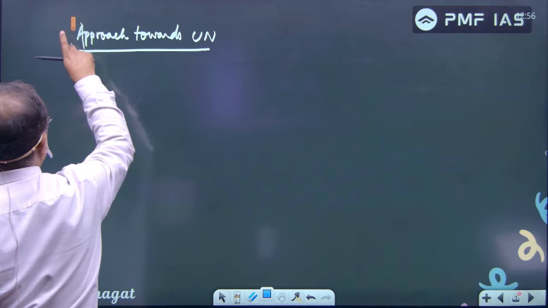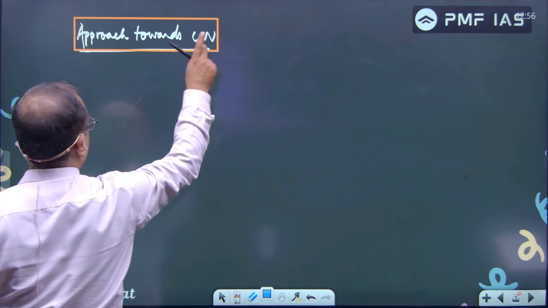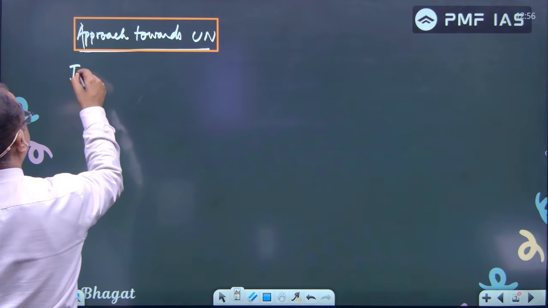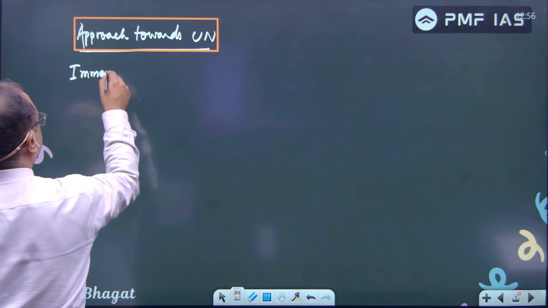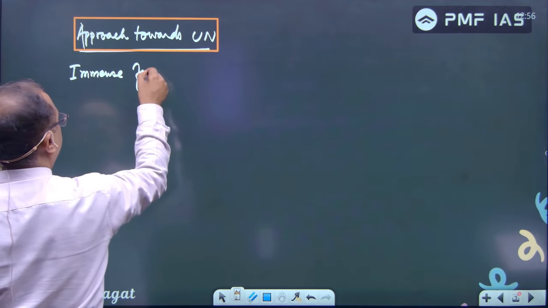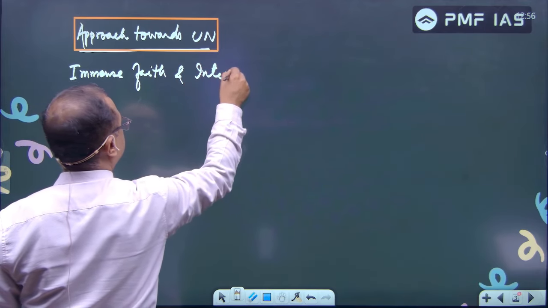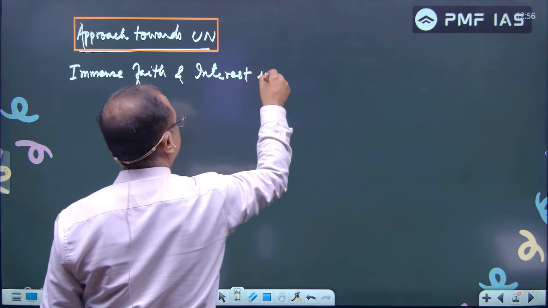Nehru had immense faith and interest in UN.